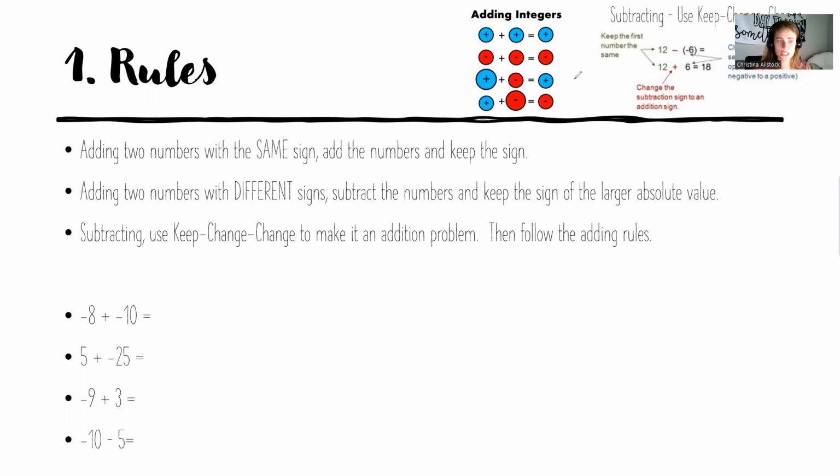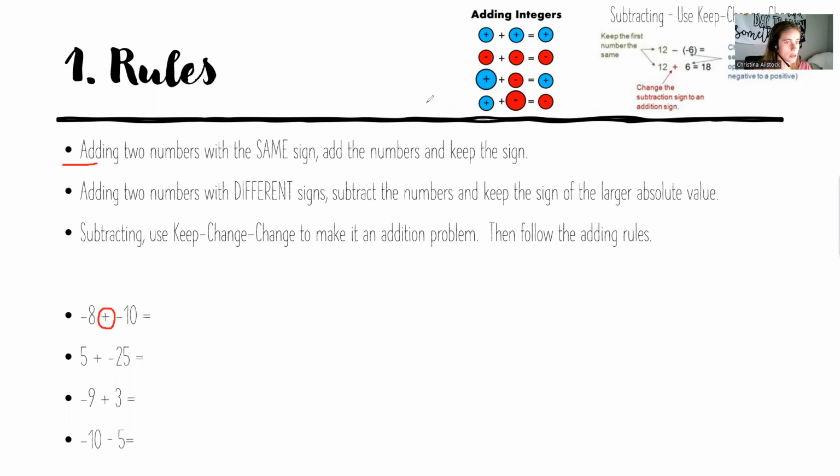All right, let's get to our first example, and we're using the strategy of just simply following the rules. So our first question here, we have -8 plus 10. Well, I notice that I'm adding. So my two adding rules, I need to look and see if my signs are the same or if they're different.